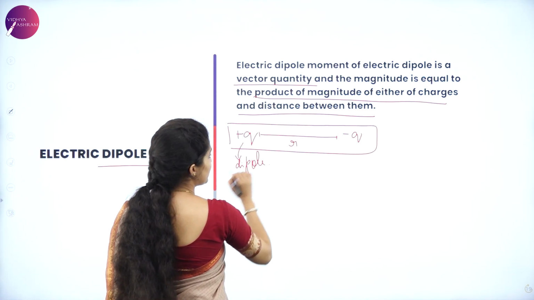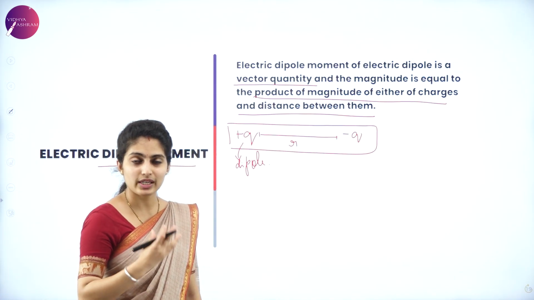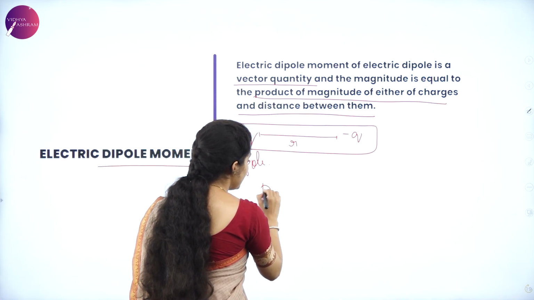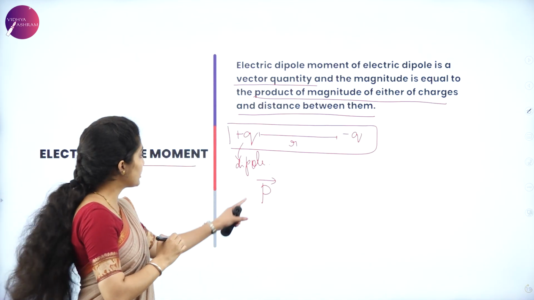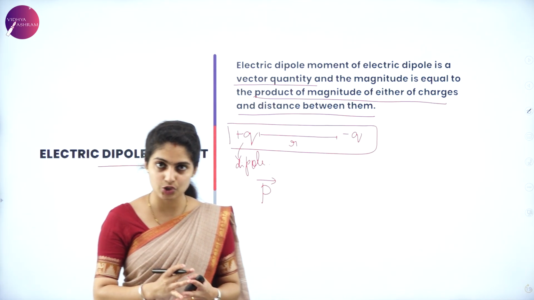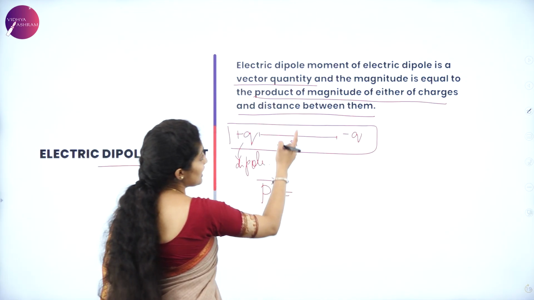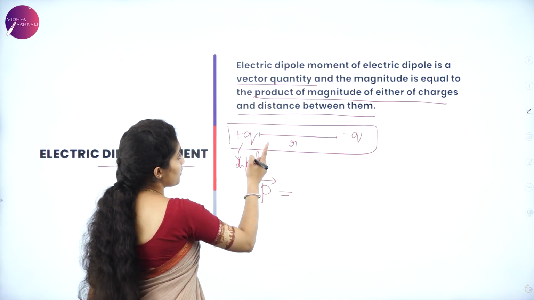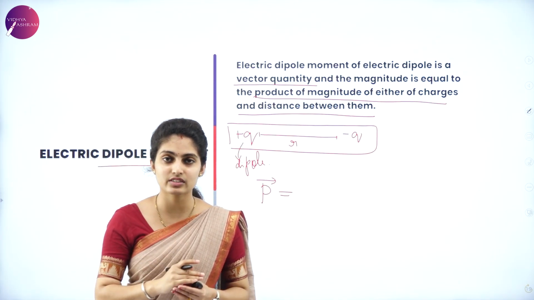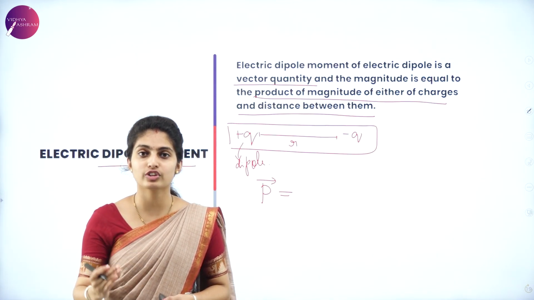So dipole moment means the product of the two. The magnitude is the value of the dipole moment. Usually the dipole moment is represented by vector P. Vector P means it is a dipole moment. It is a vector quantity which has a certain direction, and I'll tell you how it moves. So the magnitude is equal to the product of the magnitude of either of the charges and the distance, irrespective of the positive or negative sign.